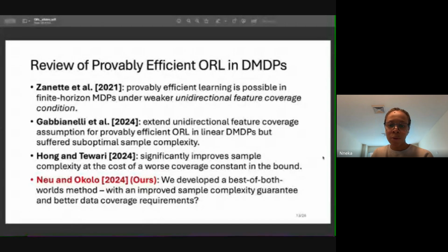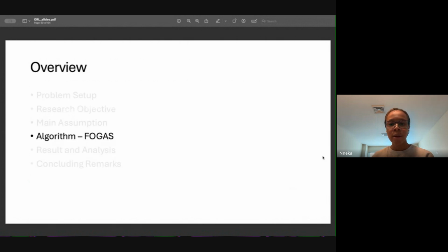So this is what we know so far under the linear function approximation framework. And now what we would like to do is to get the best of both papers, what has been achieved so far.